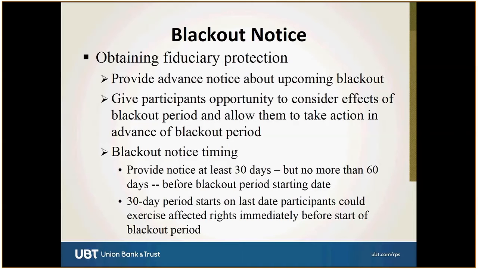We're going to let the participants know in advance, at least 30 to 60 days before the blackout period starts, to let them know, hey, if you need to take a distribution during this blackout period, you want to plan accordingly and take that distribution before the plan goes into blackout. So a 30 to 60 day advance notice.